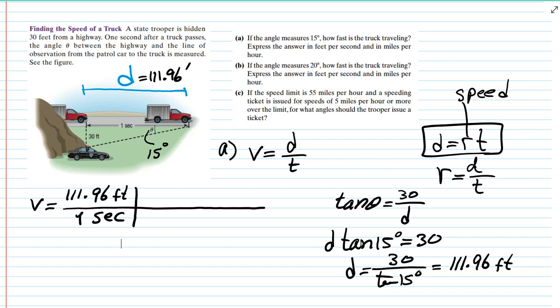Now, for me anyway, to get a feel for how fast that is, I want it in terms of miles per hour. So I'm going to go through some unit analysis here, and this is the way I set this up. This is clearly a fraction line. First I'm going to convert feet to miles.